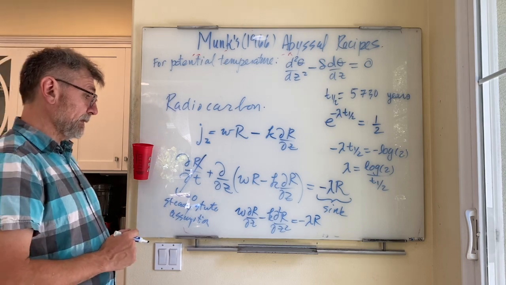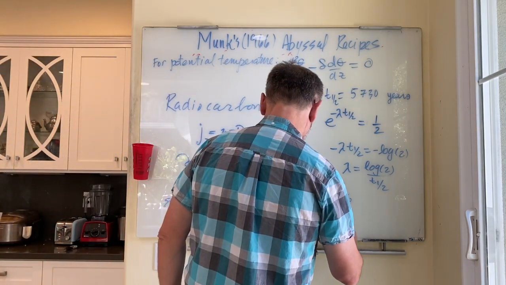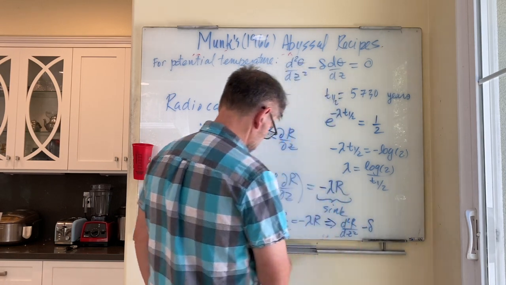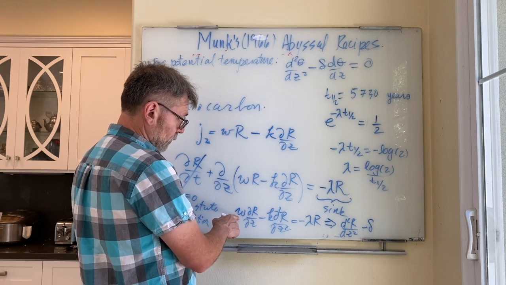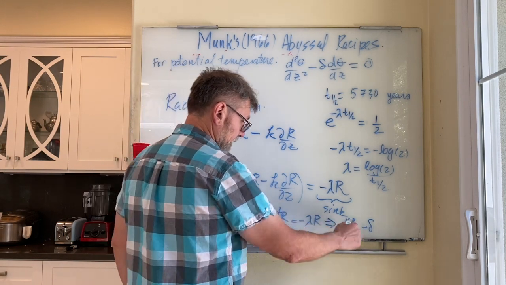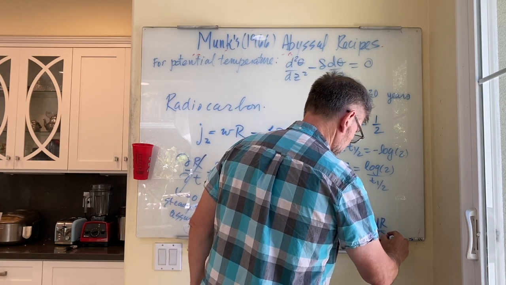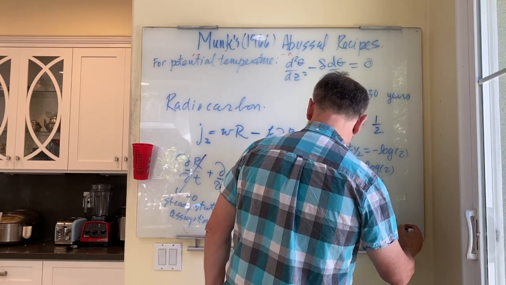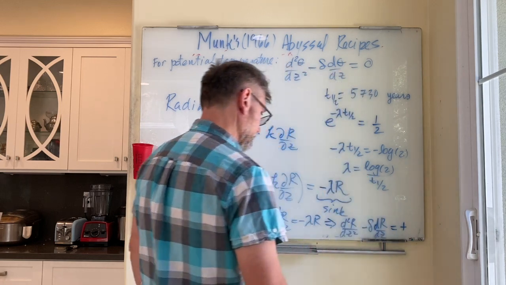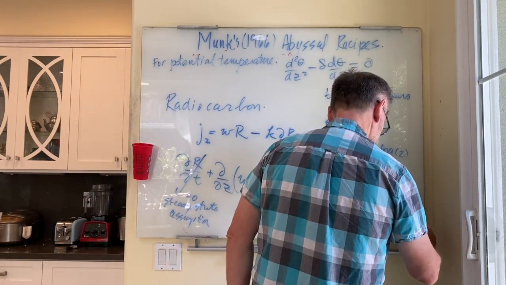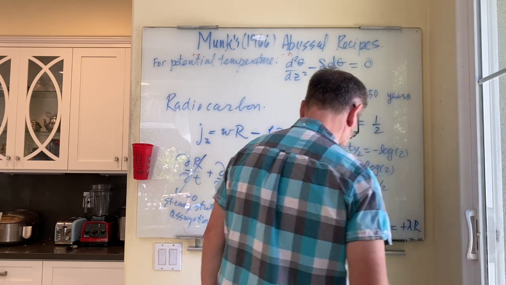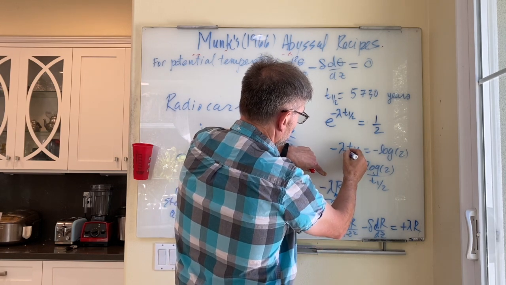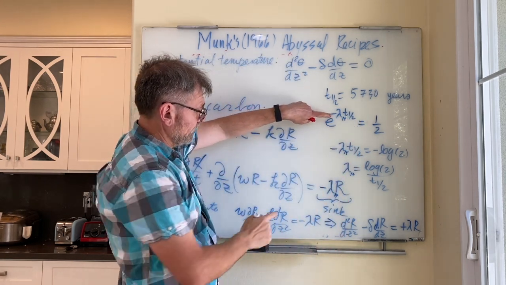If I then divide through by minus k again, the equation will become d2R/dz squared minus delta dR/dz, where if I divide through by minus k, this will be w over k, which is delta. And on the right hand side is equal to plus lambda over k times R, not lambda times R. And let me distinguish, I want to keep lambda, so let me put a lambda 14 here to make it clear that this is the loss frequency for radiocarbon.